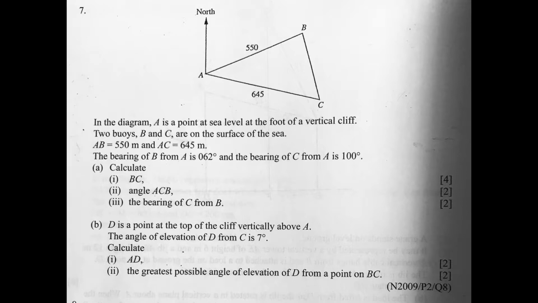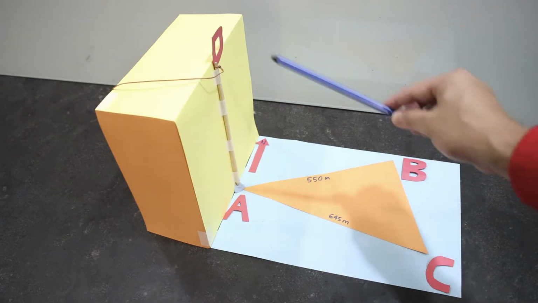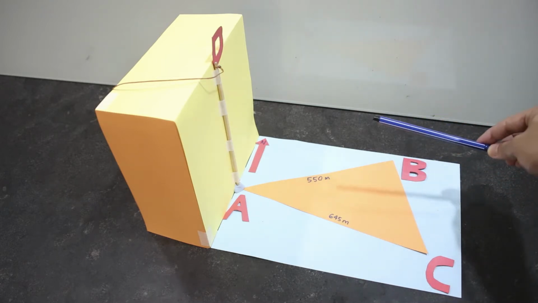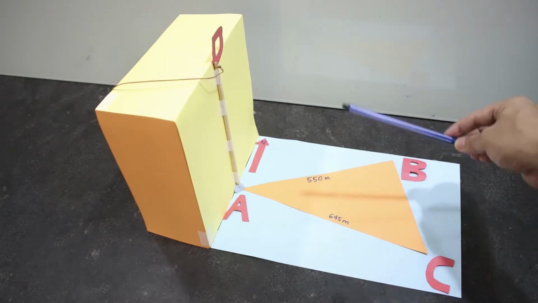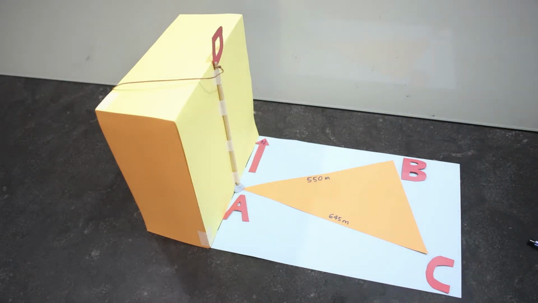2. The greatest possible angle of elevation of D from a point on BC. To find the greatest possible angle of elevation of D from a point on BC means that I will need to find the angle of elevation from some point here on BC, and you look up at point D, but that angle will be the greatest possible angle of elevation. And when will that happen?